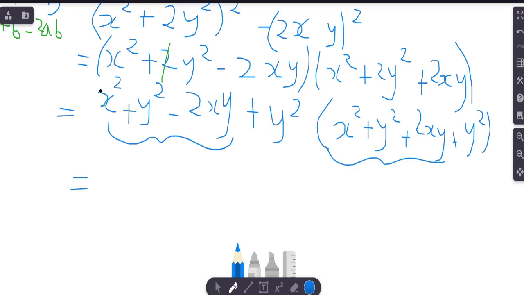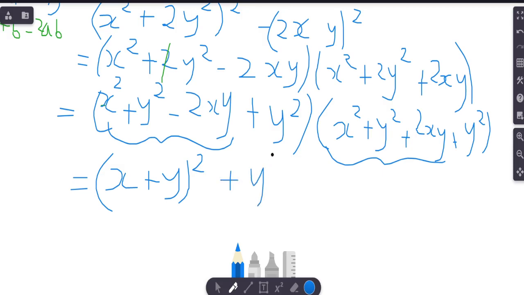So let's not forget that those are factors. Okay, it's a product. So let's rewrite. We have x plus y squared plus y squared multiplied by x, excuse me, it's minus here.